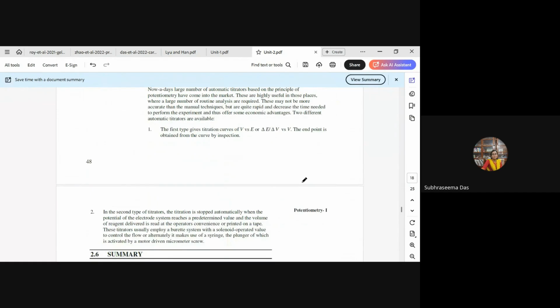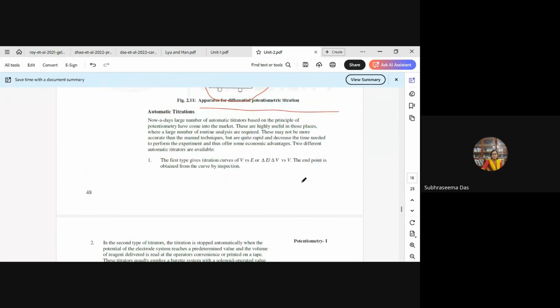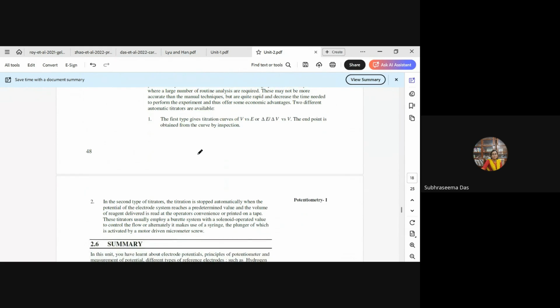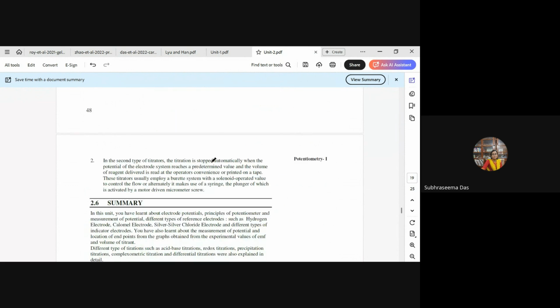Then automatic titration. Automatic titrations are very much in use today. Two different types of automatic titrators are available. The first type gives the V versus E, or delta E by delta V versus V, the first derivative plot. In the second type of automatic titrators, the titration is stopped automatically when the potential reaches a predetermined value, and the volume of reagent is read at the operator's convenience.